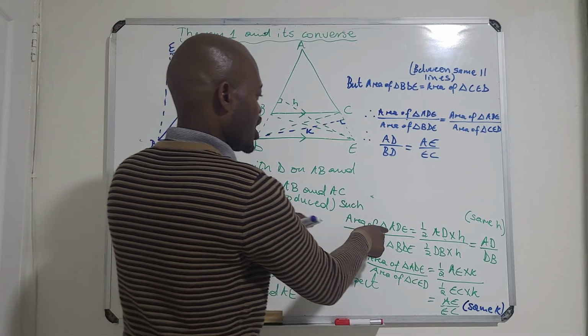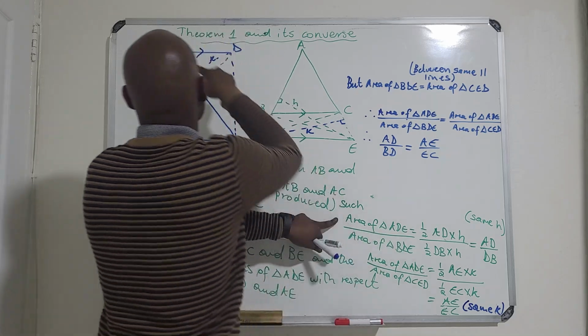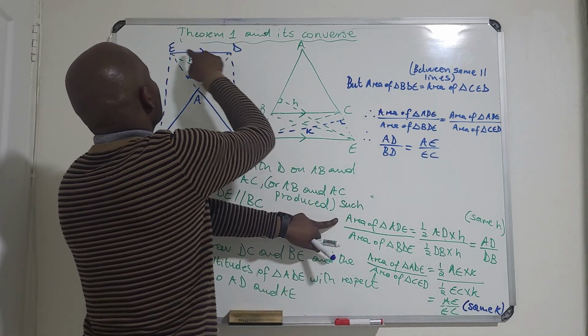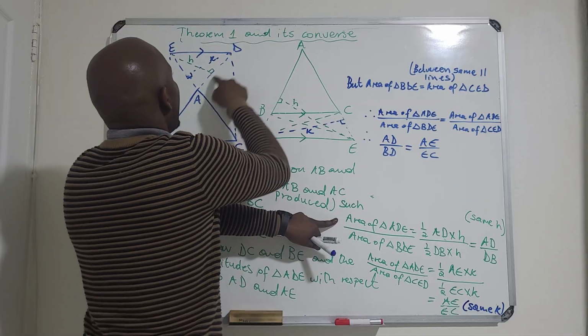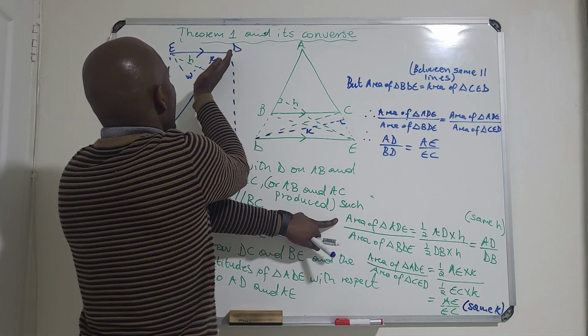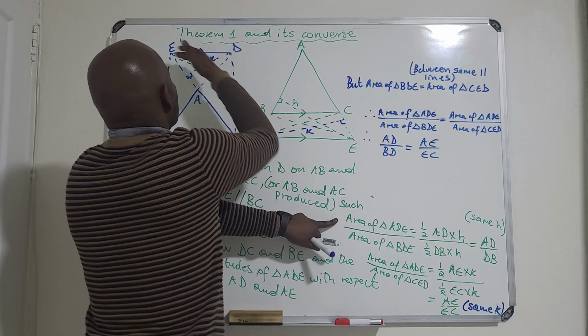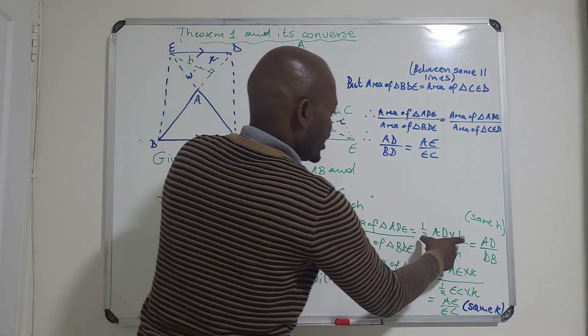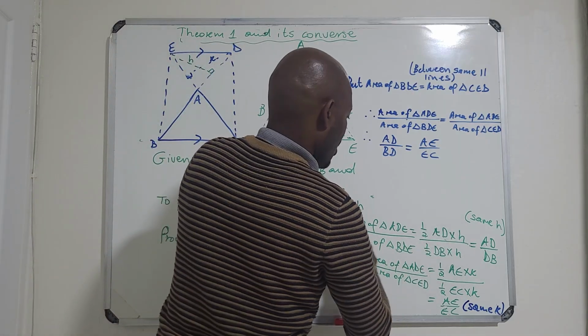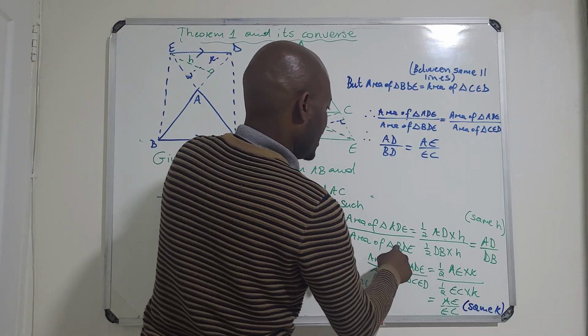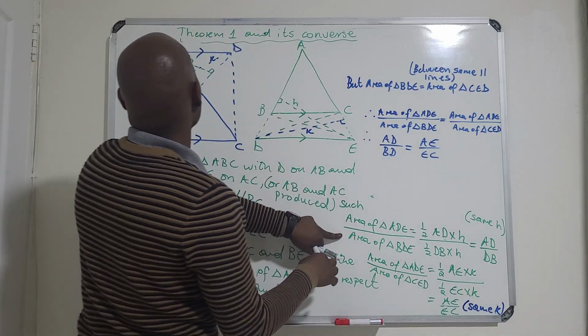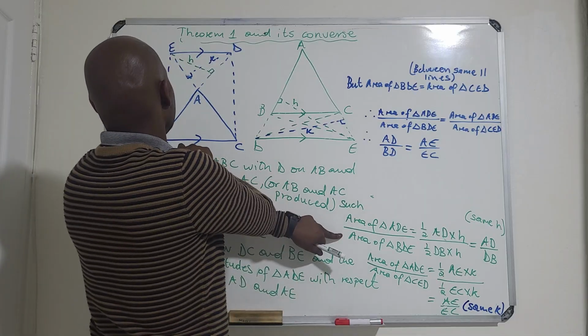Now the area of triangle ADE is equal to half AD, which is the base, times height. That is why we still have that there, over the area of triangle BDE.